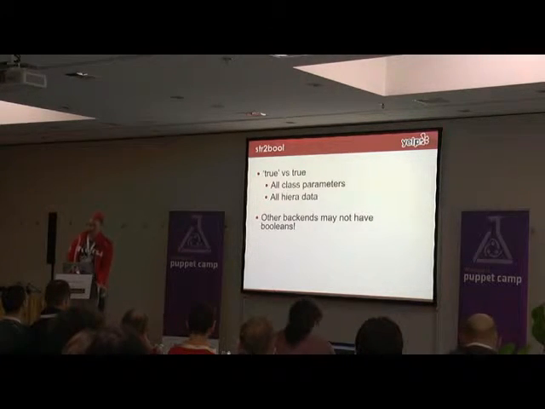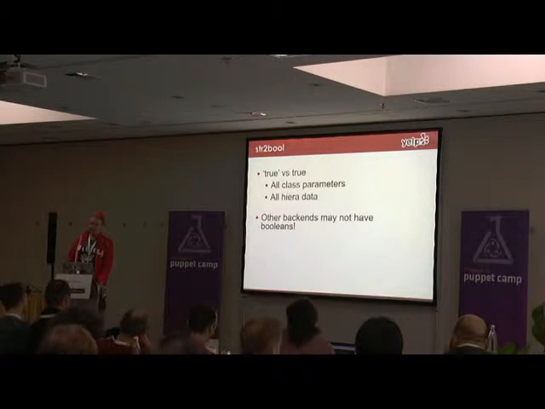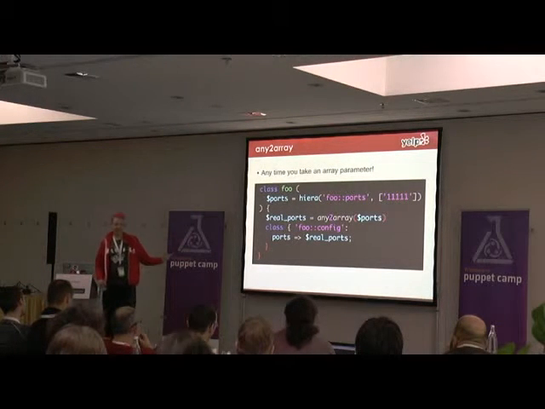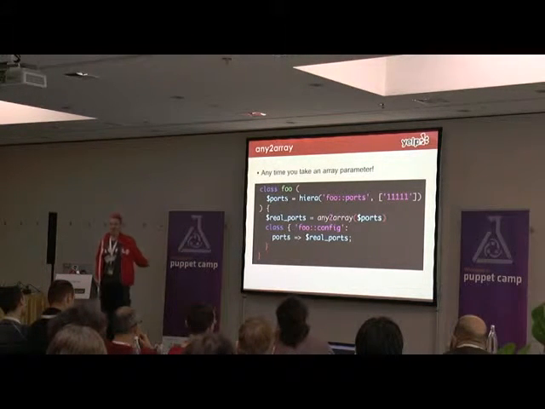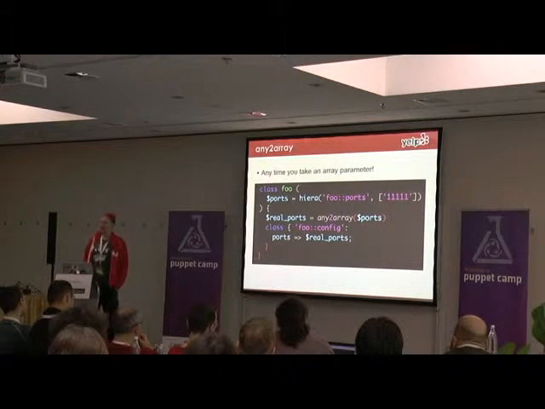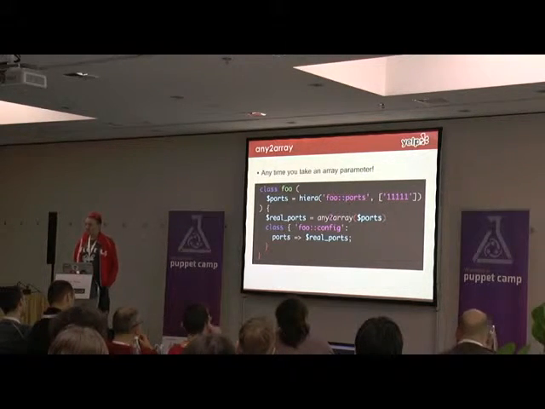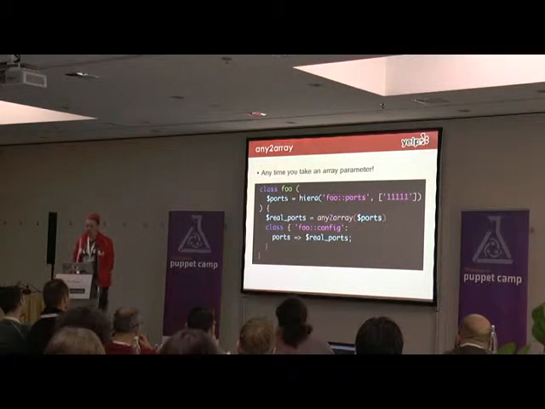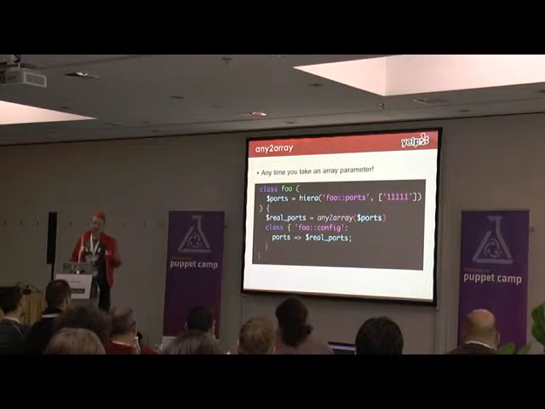So just use this. On the same note, things that will make me cry, not using this. If you ever have code that takes an array of parameters, please, please, please, please use any to array on it, because that means that I can pass a single value rather than having to remember to pass an array. The canonical example being ports.